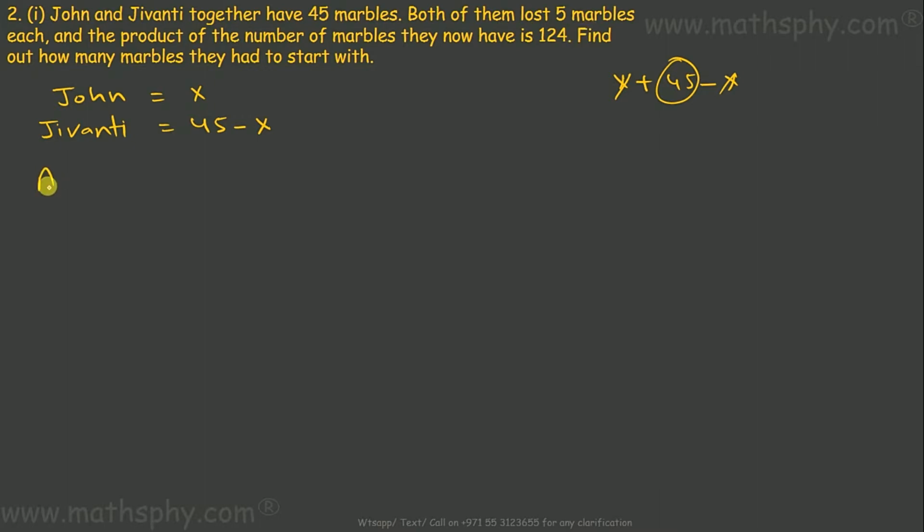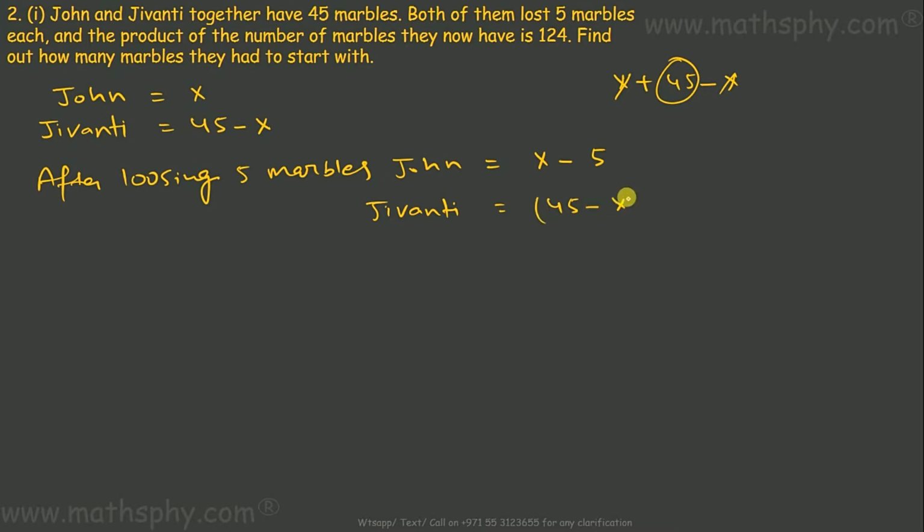So after losing 5 marbles, John will have X minus 5 marbles, and Jivanti will have 45 minus X minus 5, which will be 40 minus X marbles.